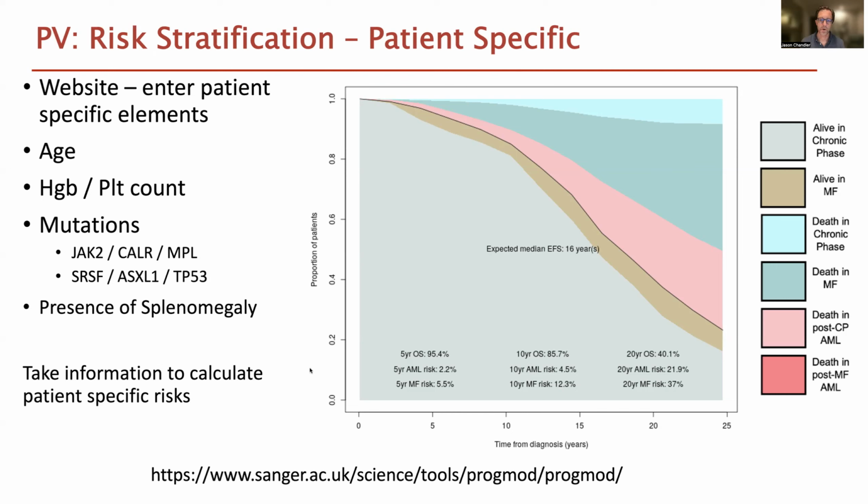And if you see the curves over to the right, so these would be patients that just die of other things, or they die of myelofibrosis, or the myelofibrosis turns into AML, or all these different ways that can happen to them in the next 20 years.